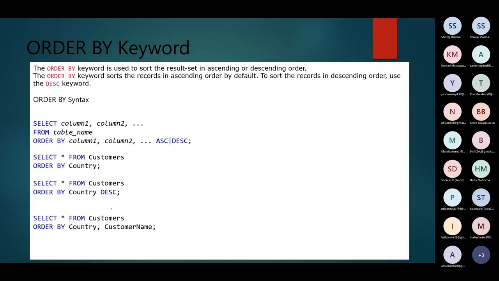Now, if you want to sort two columns, then it will give priority to the first one which is entered first, because it is not possible to sort two columns at a time, right? So it will order the output by column number 1, that is country only.